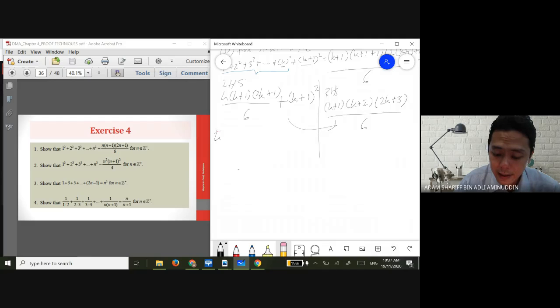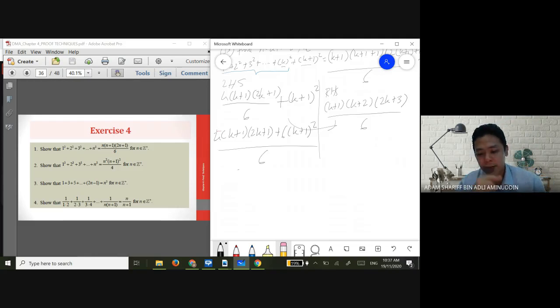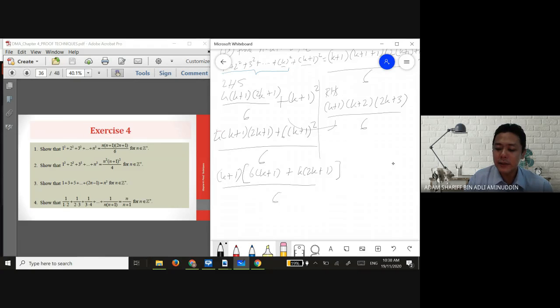So try to use algebra skills. The left hand side is k plus 1 to k plus 1. I make it 6 times k plus 1 squared over 6. Okay, here I see I can take out k plus 1, so 6 times k plus 1 plus k, 2k plus 1. I take out k plus 1 as the common factor there over 6.